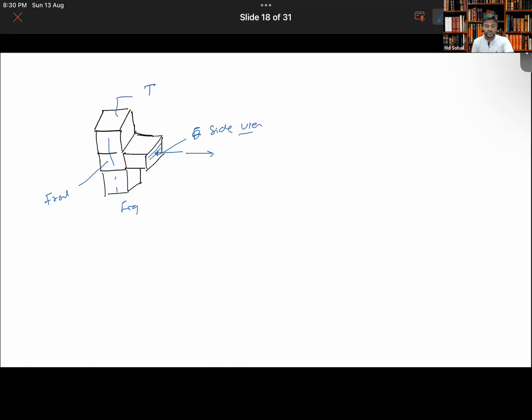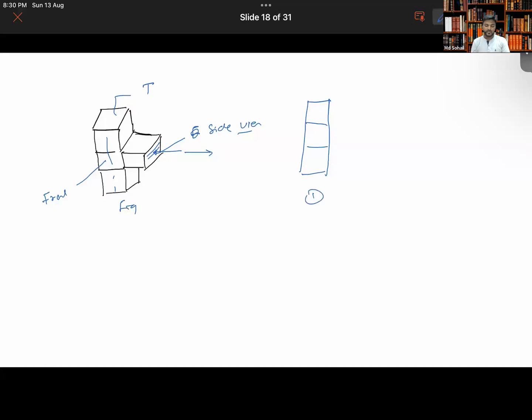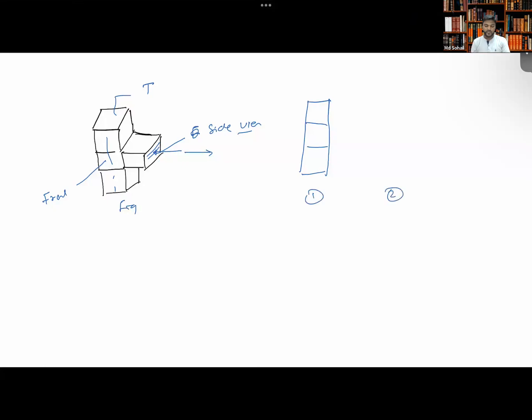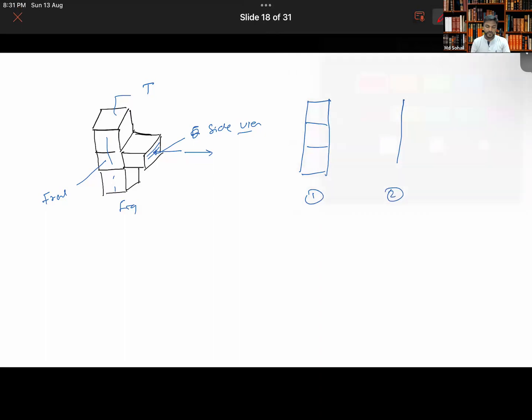So if you were to represent the side view for this figure, how is the side view going to look? It will be simply like this, a rectangle with 3 divisions. Now, if you were to draw a front view, which one is going to be the front view? This one.